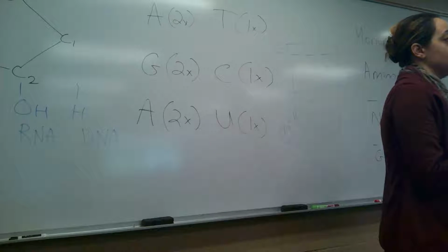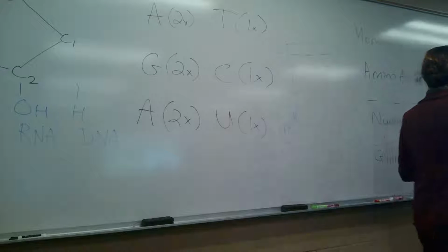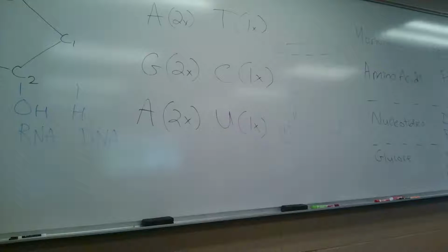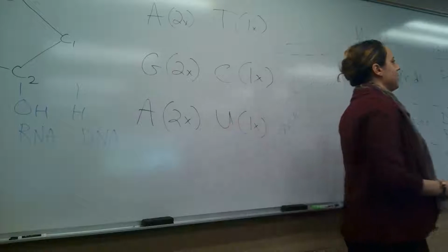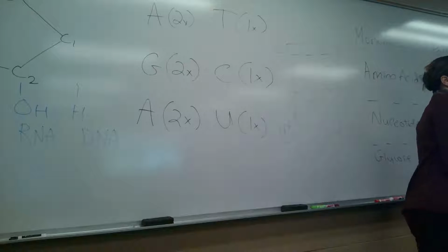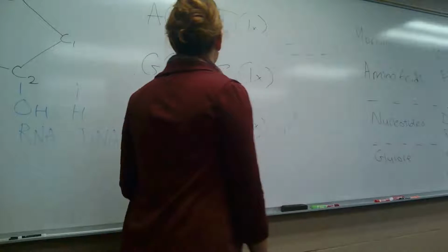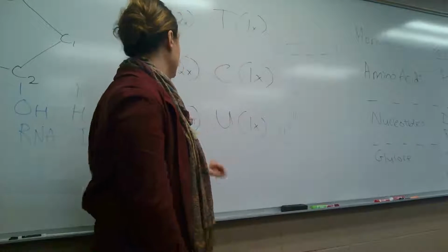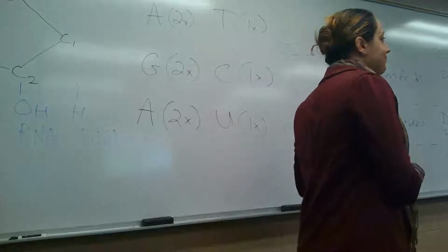Right, so this carbon right here, the 2' carbon, we don't see anything indicated, which means there's hydrogen there. We don't have another oxygen. What's another way that we know that this is DNA? Right, so in DNA, we have thymine. In RNA, we have uracil. So that's a good indication as well.